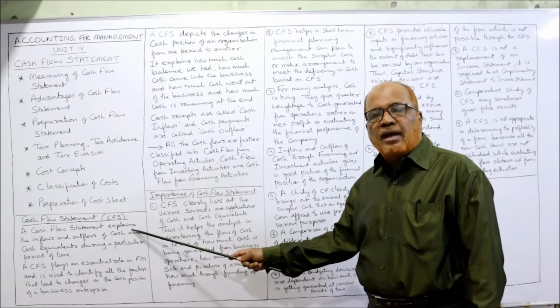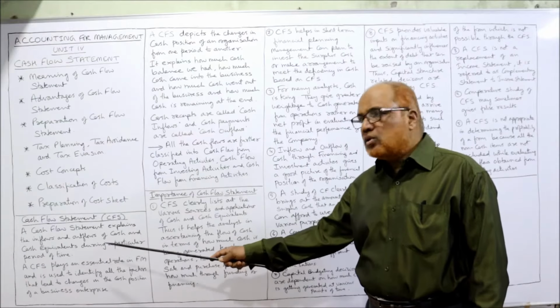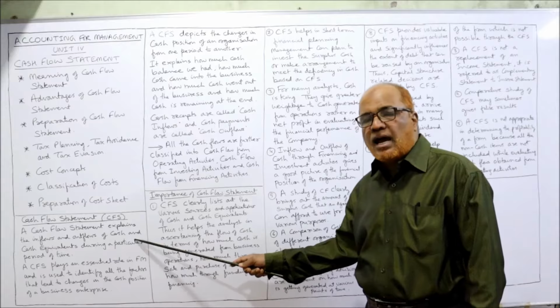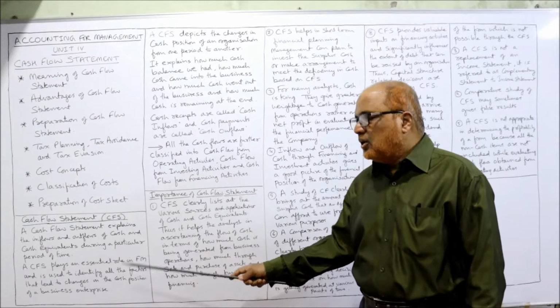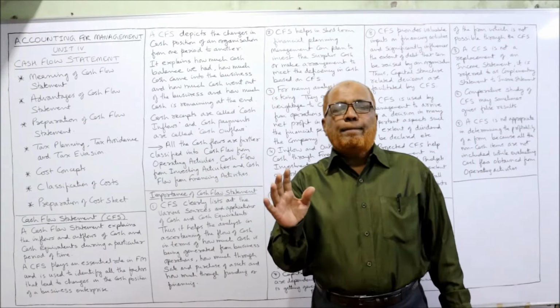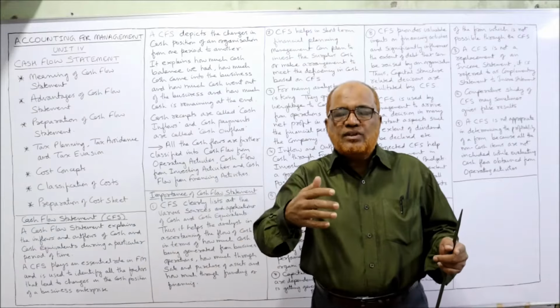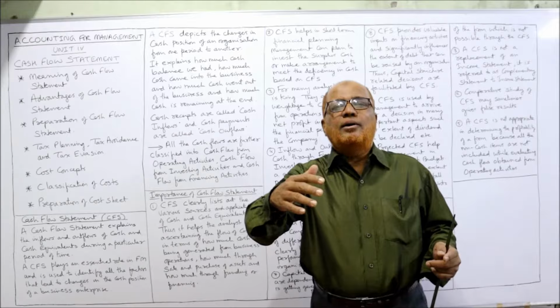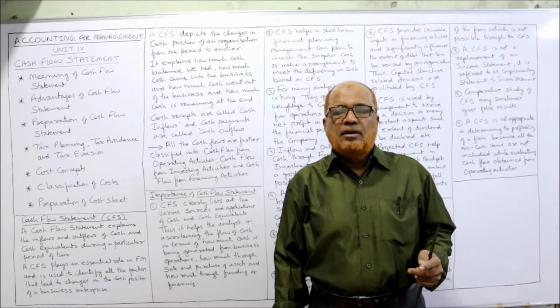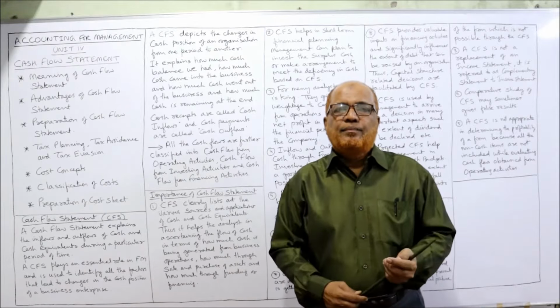A cash flow statement explains the inflows and outflows of cash and cash equivalent during a period of time. Remember, we have cash. Cash means hard cash, that means the cash which we use to make payments. The cash which is received, that is the cash.